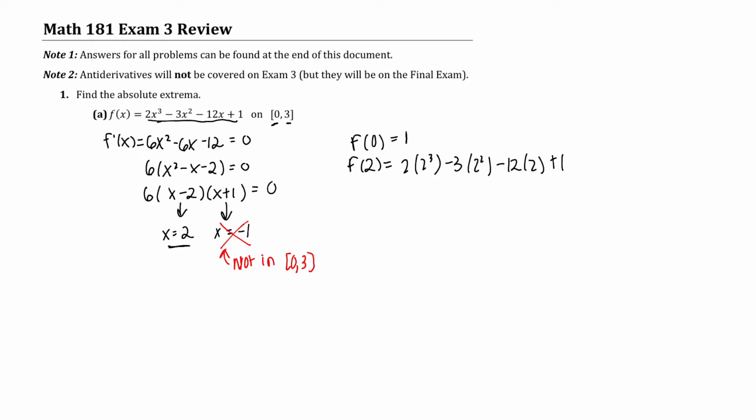Let's see, so 2 to the 4th minus 12 minus 24 plus 1. We have negative 19. And then f of 3, 2 times 3 cubed minus 3 times 3 squared minus 12 times 3 plus 1.